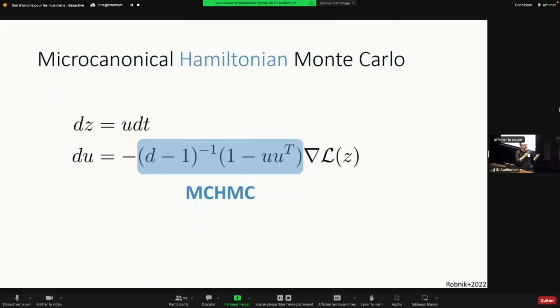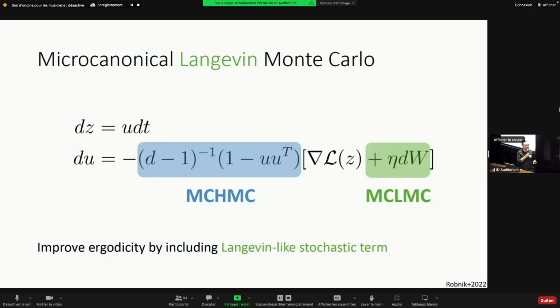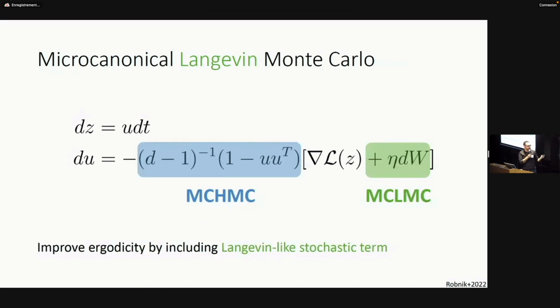And then in microcanonical Langevin Monte Carlo, we just add some extra piece, which is a stochastic term, this eta dW term. dW is just some normally distributed random variable and eta some tunable parameter. And adding this stochasticity helps improve the quality of the samples and the efficiency of the algorithm.